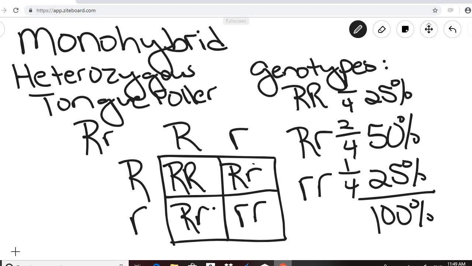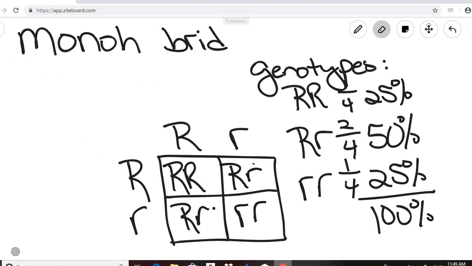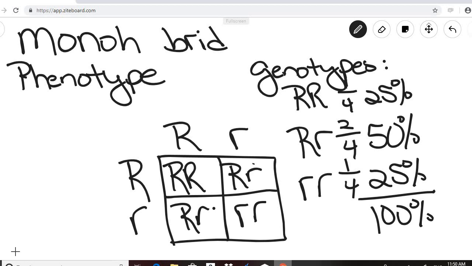Okay, then what about the phenotypes? What would the phenotypes look like, what are you going to observe? Well, as long as you have one of the dominant alleles, you're going to be able to roll your tongue.